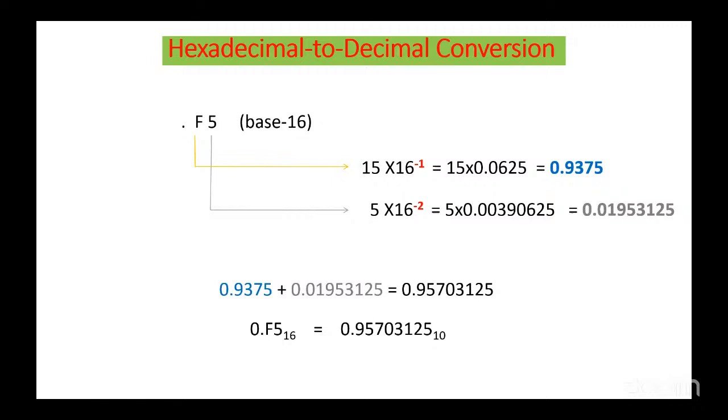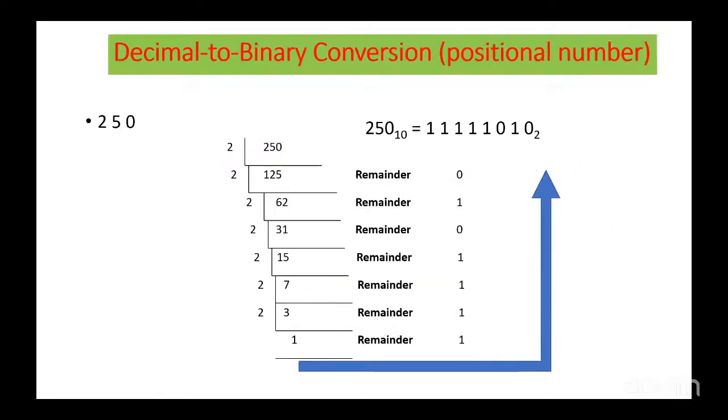So 15 into 16 power minus 1, 5 into 16 power minus 2, 1 by 16. Like that, if you add for a fractional number, you can get the decimal equivalent of the hexadecimal number.